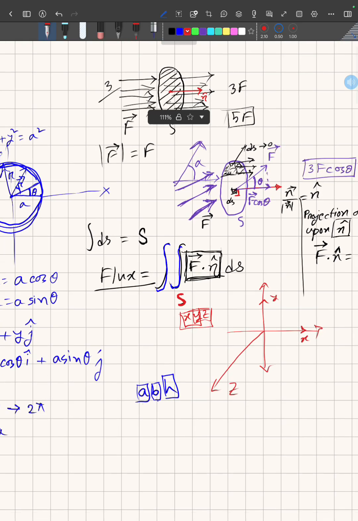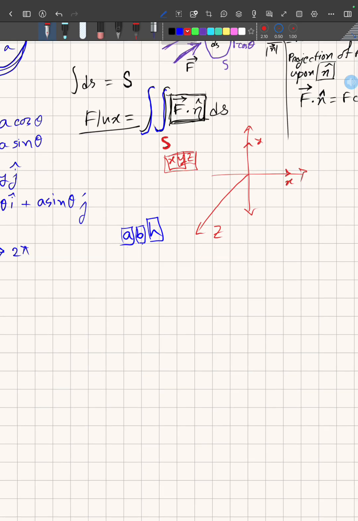So, okay, now here's the fun part. Let's consider our surface is at angle theta. This is our surface, and this is our normal vector. Okay, great.